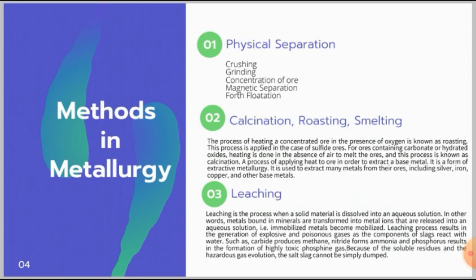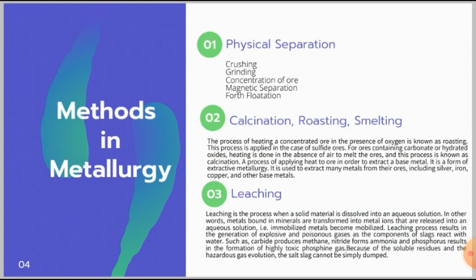For example, when we extract lead metal, lead usually occurs in its ore as lead carbonate. So the ore is heated to a high temperature in order to get lead oxide and carbon dioxide.